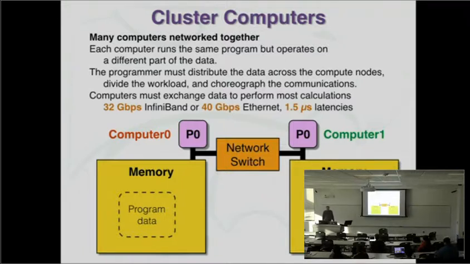But what can we do to work on these big problems? And in the late 80s and early 90s, what we started doing is building what's called cluster computers. And this is where we start getting into something similar to what Beocat is. A cluster computer is many computers networked together.